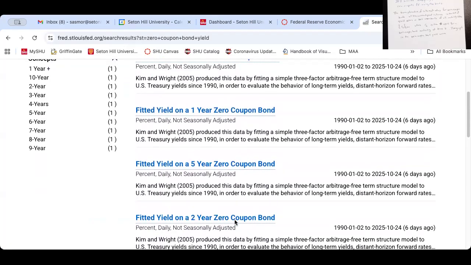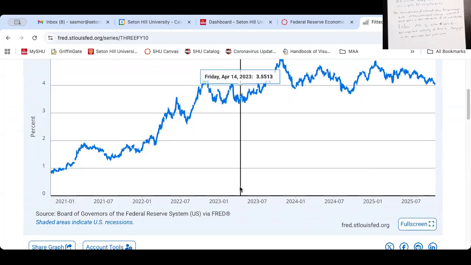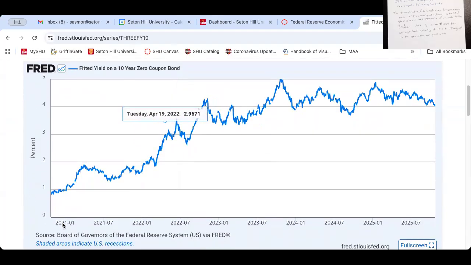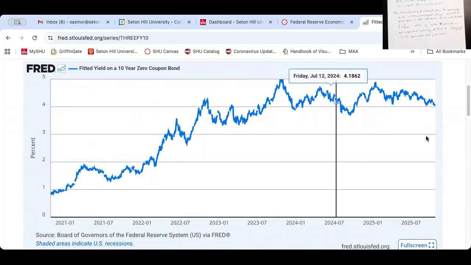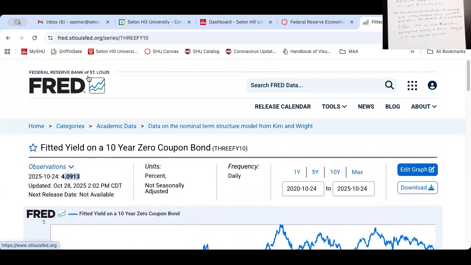All of this information exists. This is what the zero coupon bond yield curve has been from 2021 through to today. So we can actually get a picture as far back as you want to go. So this is today right here, 4.0913. It's not adjusted and it's in percentage points. I can get all this data live from the Federal Reserve right here.